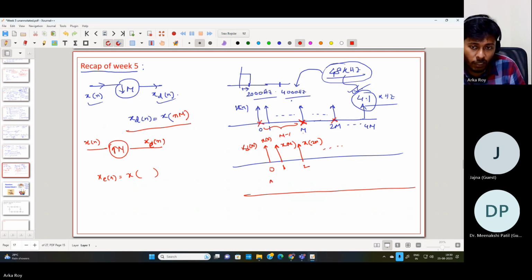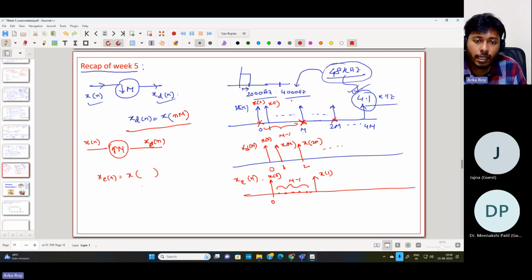So with an M upsampler, in between x0 and x1, I will inject m minus 1 zeros, and then I will get the next value, x of 1. So this is xe of n.